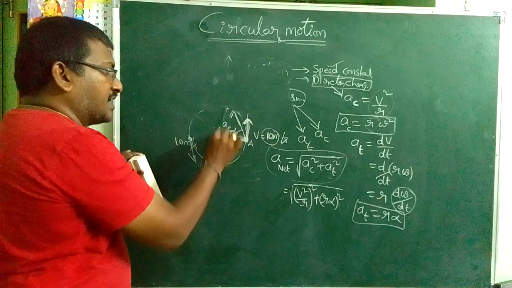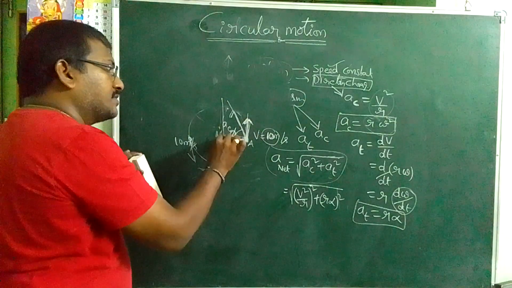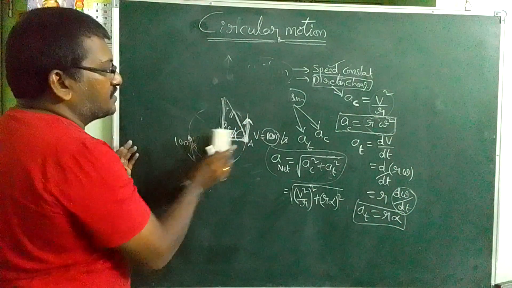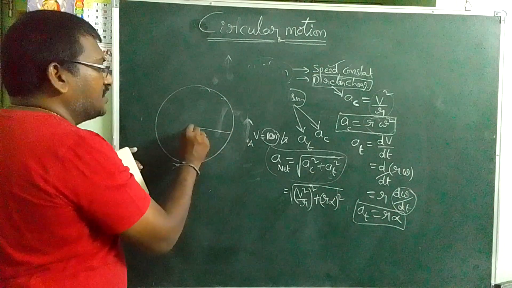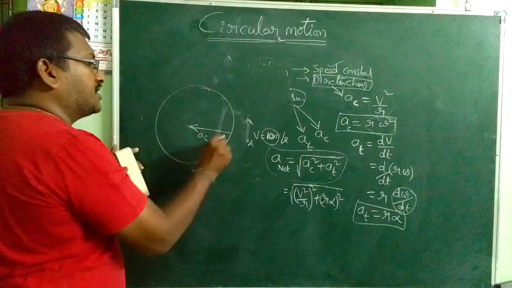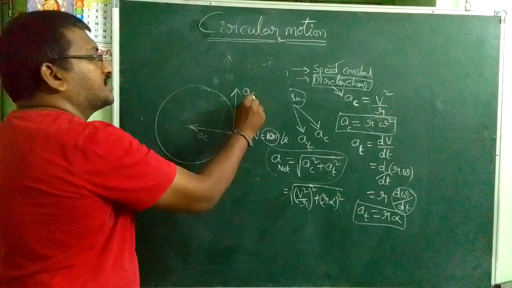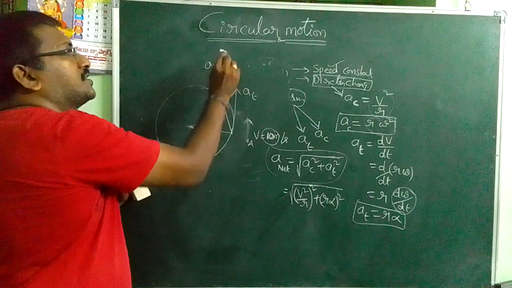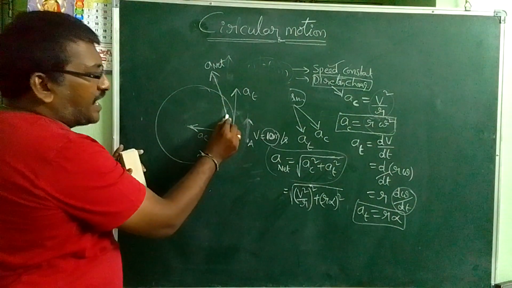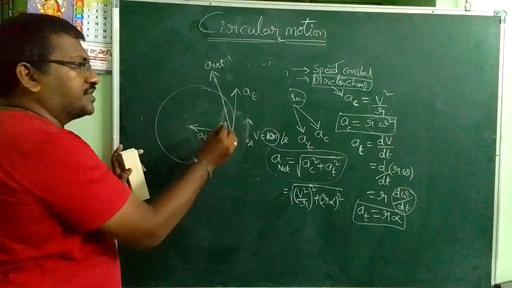For example, this is the circular motion, this is the centripetal acceleration AC and this is the tangential acceleration AT. The net acceleration you can take as A net. I am taking the angle here or here, as you wish.